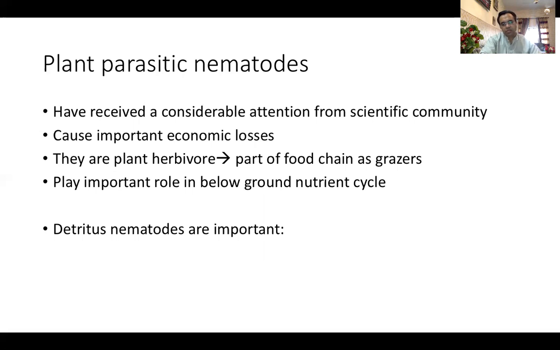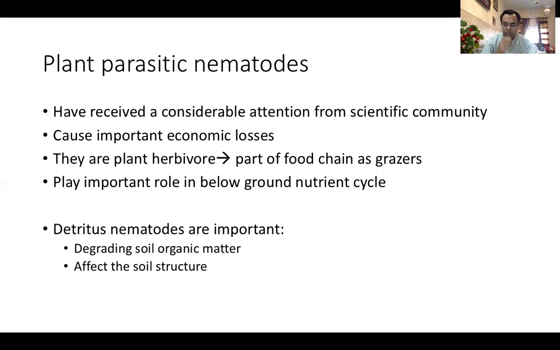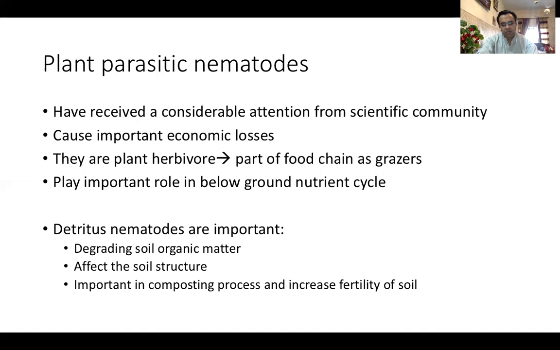Then the other group is detritus nematodes. They are also very important as far as agriculture is concerned. They degrade the soil organic matter, and also they have a very important effect on soil structure because of their burrowing effect in the soil. Then they are used in composting process, and they increase the fertility of soil.